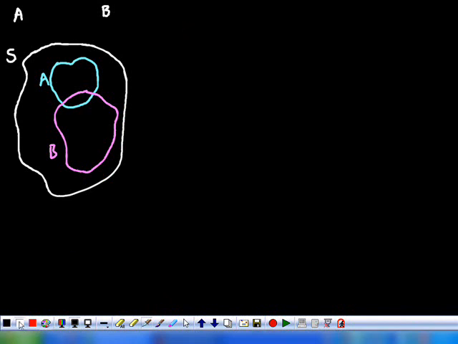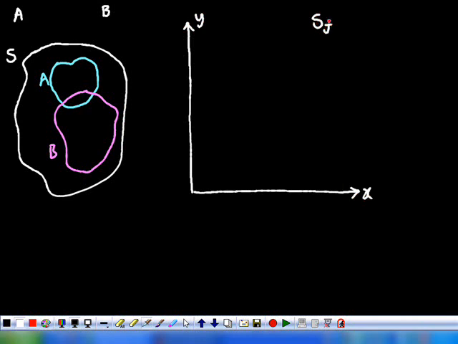So for that purpose, I consider the xy plane, with x and y, and this is the Sj, the joint sample space.